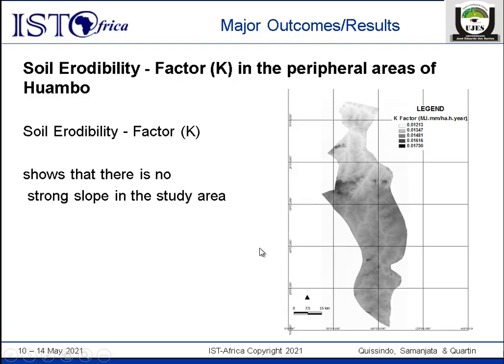And the soil erodibility factor K shows that there is no strong slope in the study area.